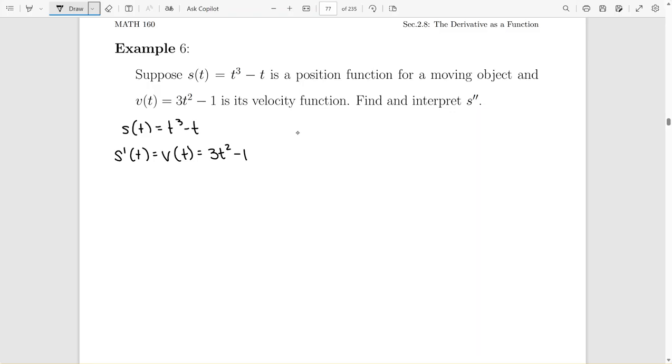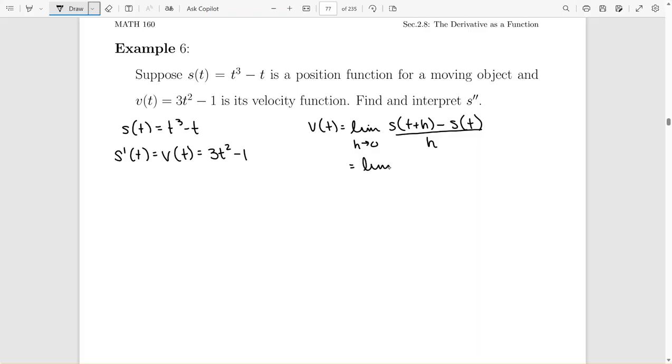In other words, velocity is found by taking the limit as h approaches 0 of, now let's just write it out, s of t plus h minus s of t divided by h.